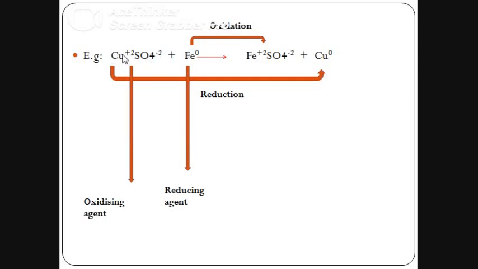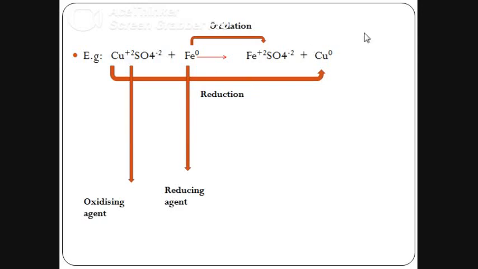Whereas in copper, it is from +2 state to 0, that is, it is gaining electrons, and in this case it causes reduction. +2 means it has 2 protons more as compared to electrons, due to the loss of electrons.